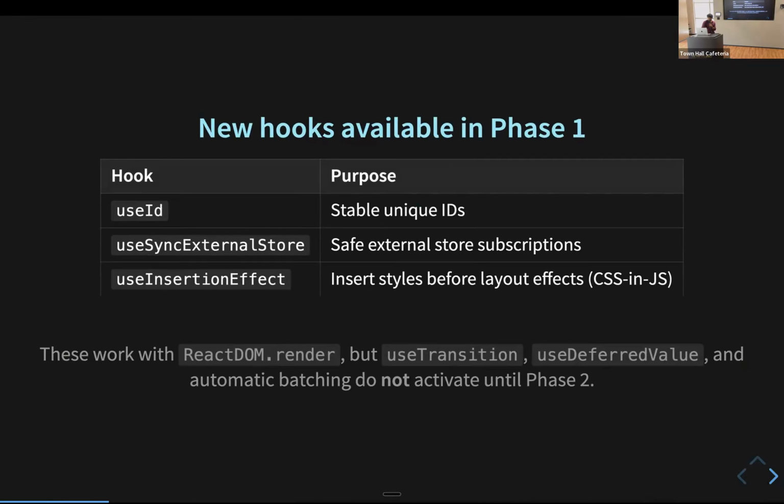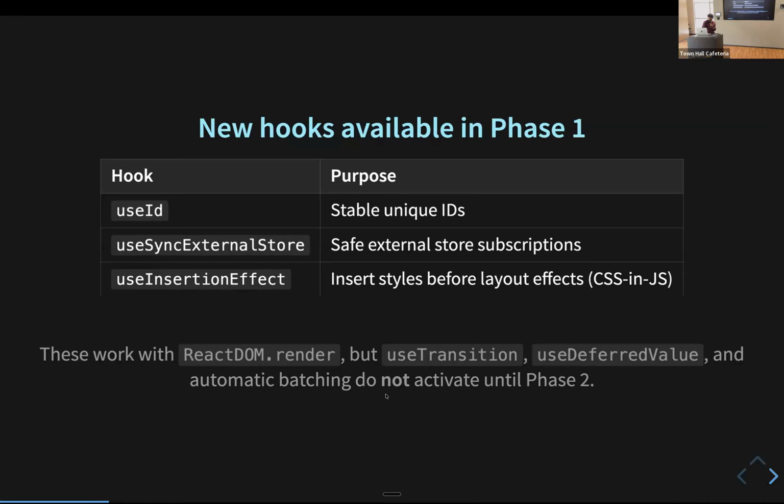And what you get out of doing all this in phase one: with phase one completion, you can actually use hooks like useId, useSyncExternalStore, and useInsertionEffect. But note that at this step, you can't use any of the concurrent mode features, that is useTransition, useDeferredValue, all those things.